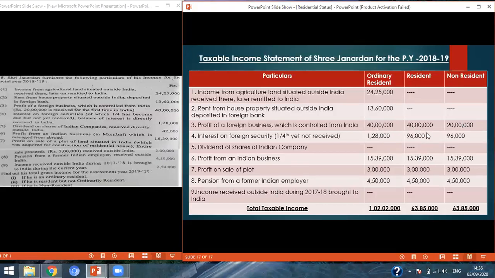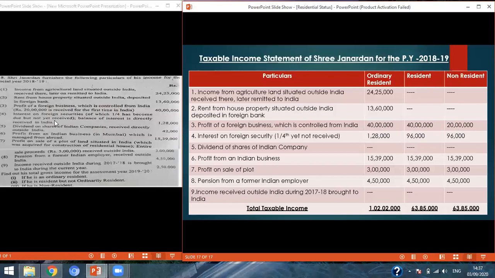But for non-residents, the amount we received in India is also taxable. So 20 lakh is taxable for all, and the other 20 lakh is taxable only for ordinary resident and resident. So we will write 40 lakh for ordinary resident and resident, and for non-resident it is 20 lakh. Clear?